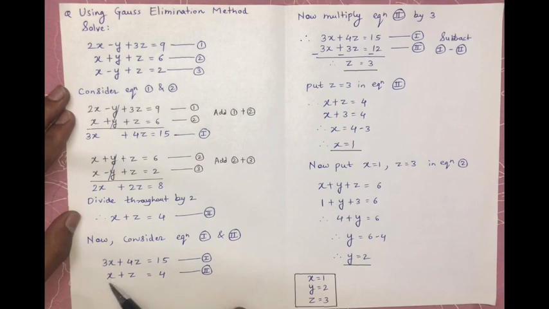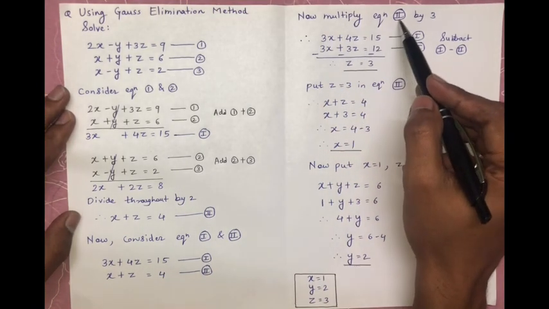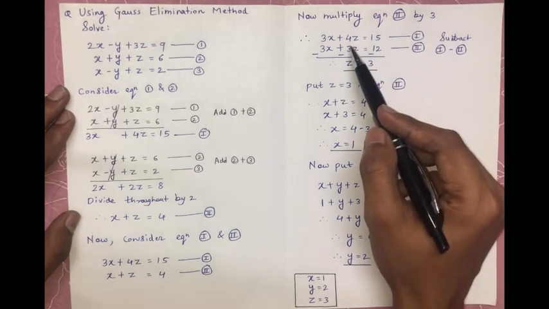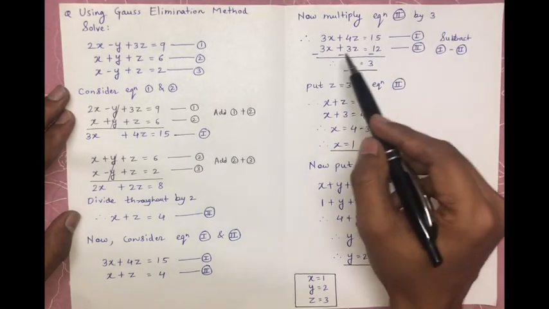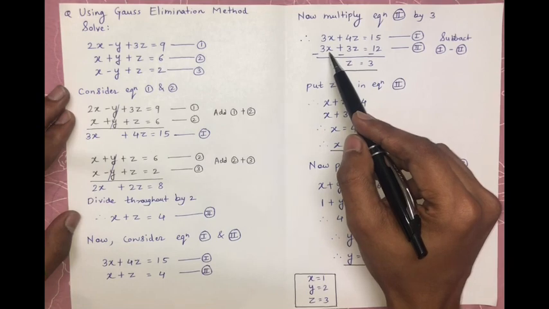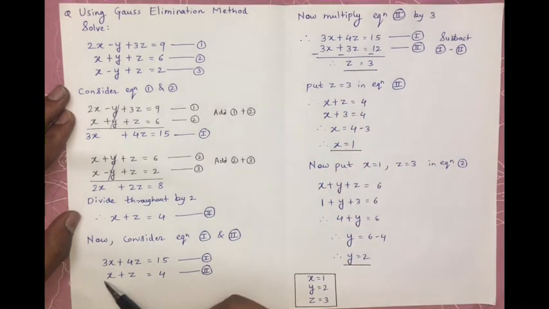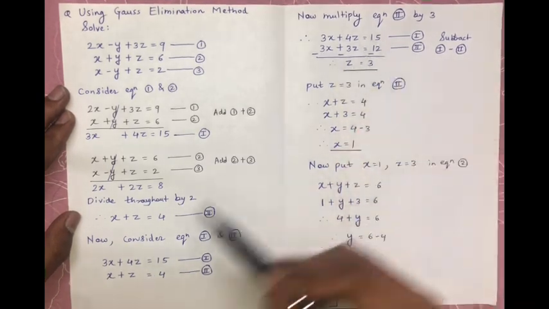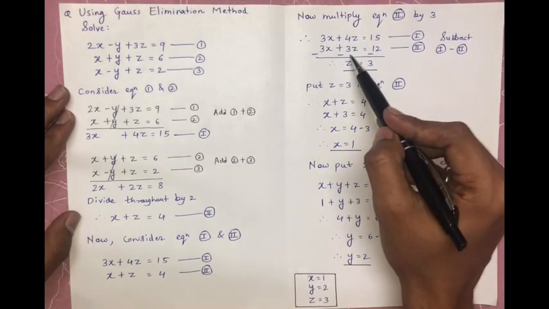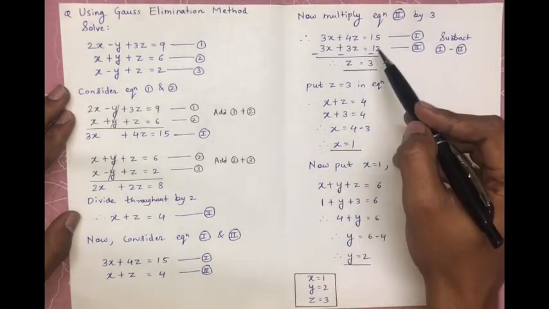So I have to multiply this Roman 2 equation throughout by 3 to make it 3x. So now multiplying equation Roman 2 by 3, the first equation is as it is. Then the second equation will become 3 into x is 3x, 3 into z is 3z and 4 3s are 12.